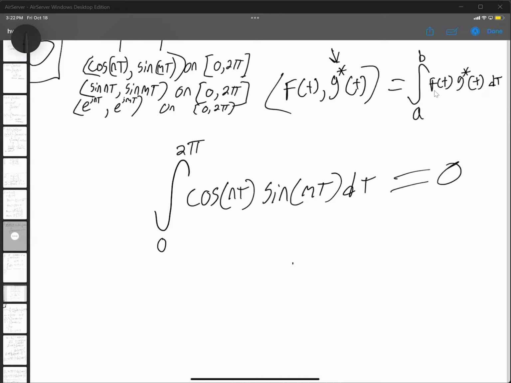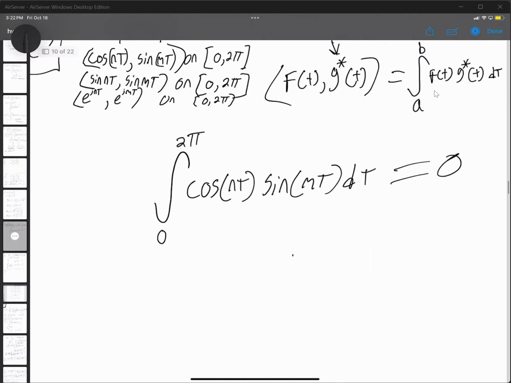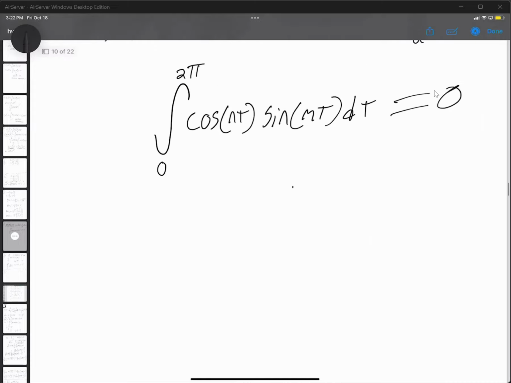So how would we integrate this? Well, we know if we integrate over a full period of cosine and sine, by orthogonality, this would definitely equal 0. But we're going to do a little more proof than that. Use a little trigonometry.